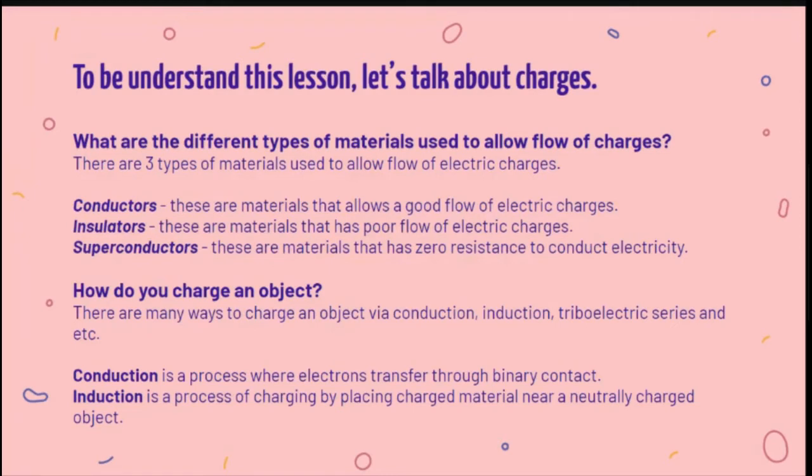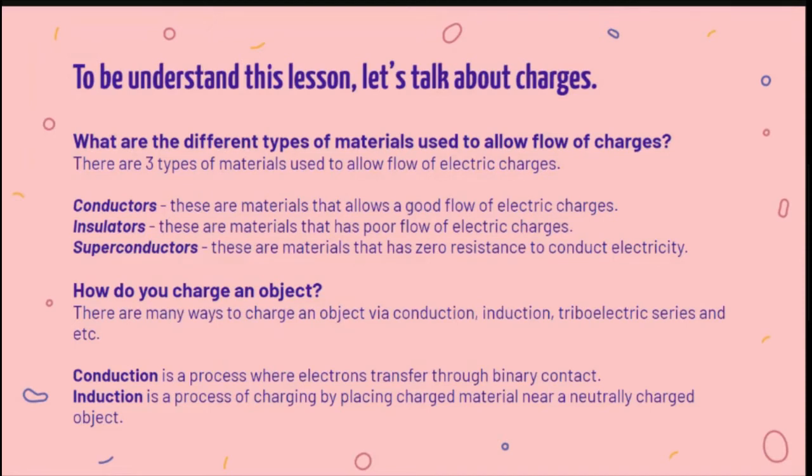Having the flow of electric charges means having electricity at all. If there is a flow of electric charge, then there is electricity running. But if there is no flow of electric charge in the system, then there is no electricity running at all. So we need these types of materials to allow the flow of electric charges.